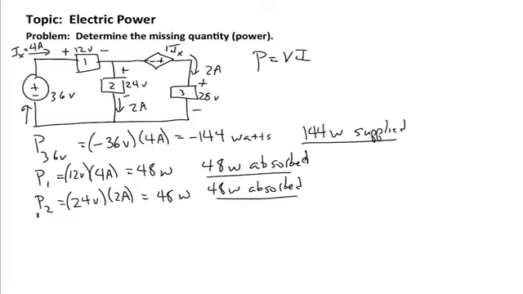Next, we can look at the current-controlled voltage source, a dependent source, at the top right-hand side of the circuit. The power in that source is 1 times I sub x, where I sub x is the current in the left-hand side of the circuit, and the 1 is the amplification factor for this current-controlled voltage source.